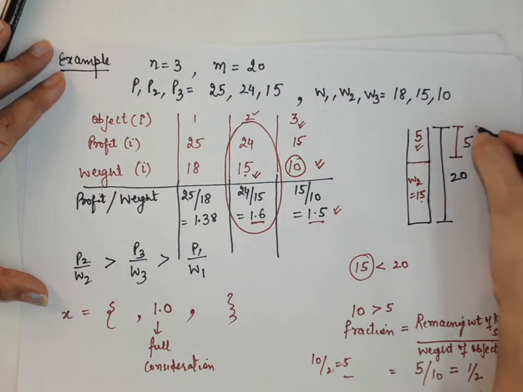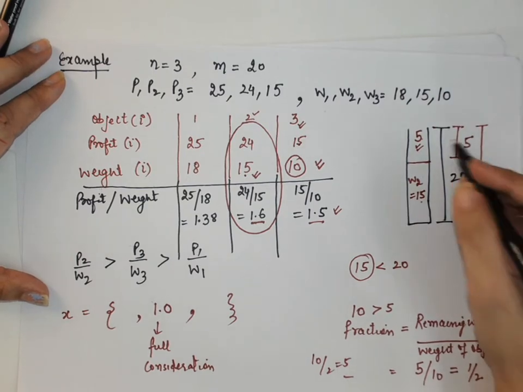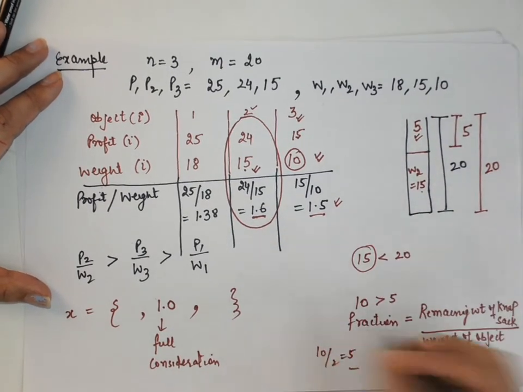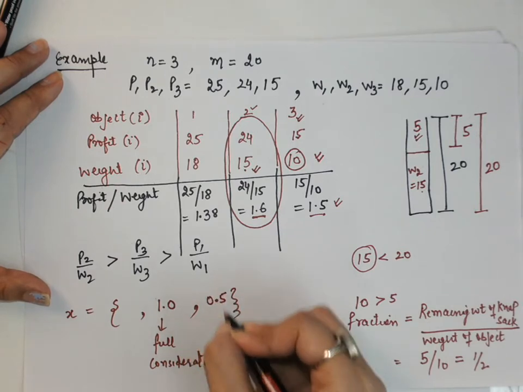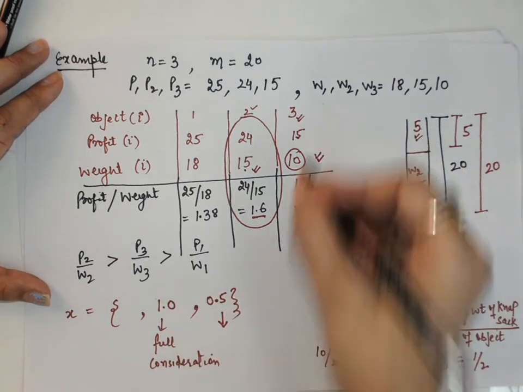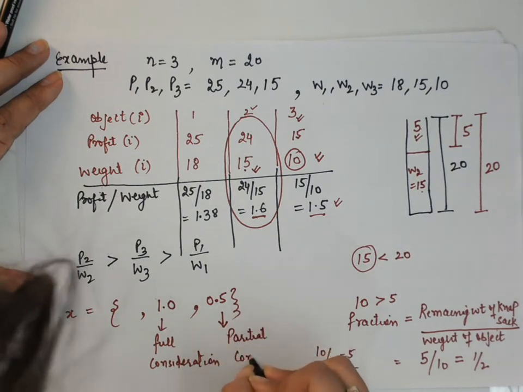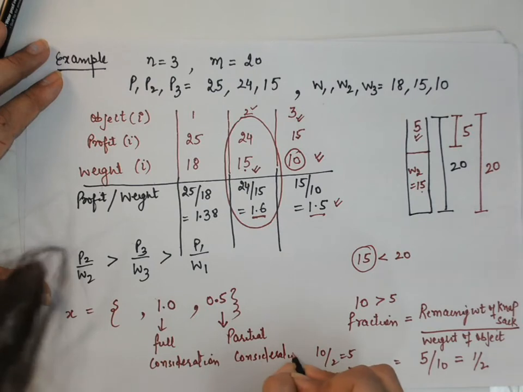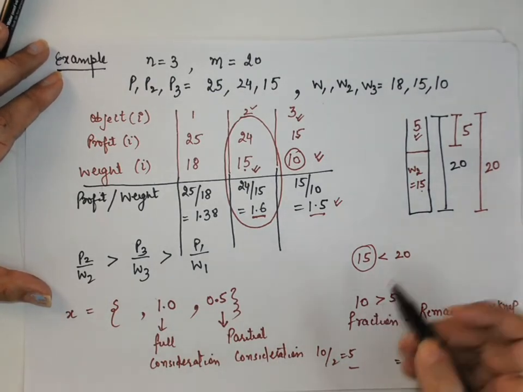Now my knapsack is full. I cannot accommodate another item into my knapsack. So I have considered half of the part, means 0.5 part of object number 3. So I have taken partial consideration. Now knapsack is full. I cannot accommodate another item.